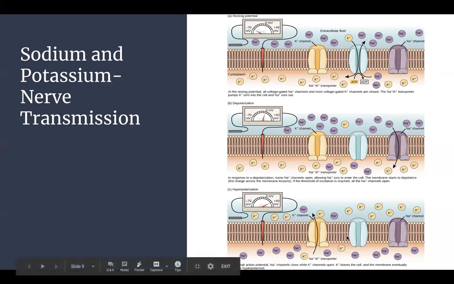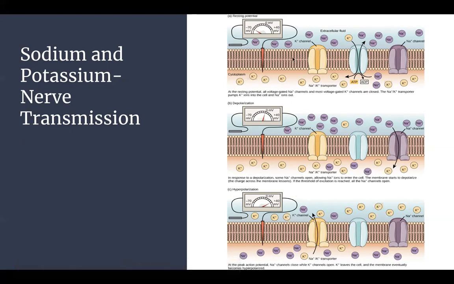And then in order to return back to normal, potassium slowly starts to move out of the cell, and by doing this we go back to the resting potential where there's that balance between the sodium and the potassium. Again, this isn't something you'll necessarily need to know for this class, but I am highlighting the fact that sodium and potassium do work together when it comes to several processes in our bodies.